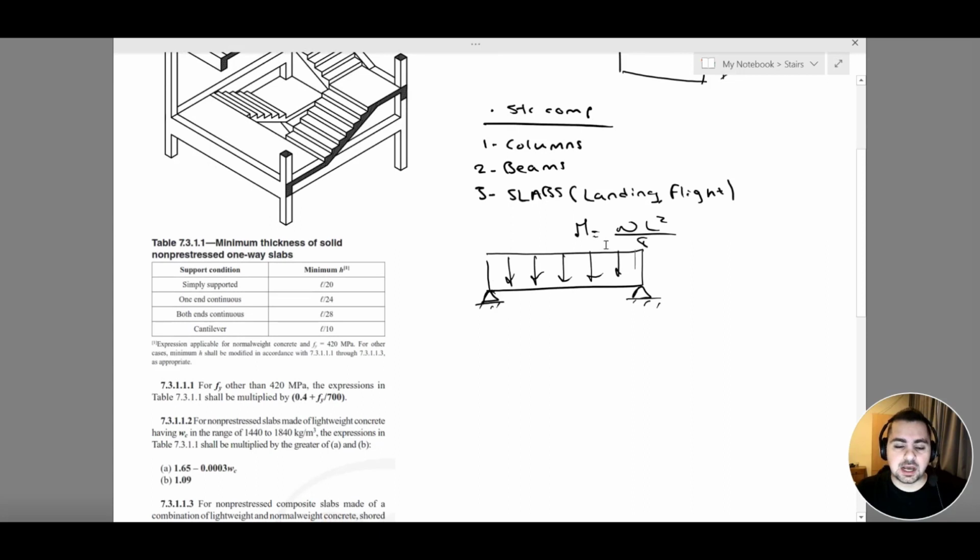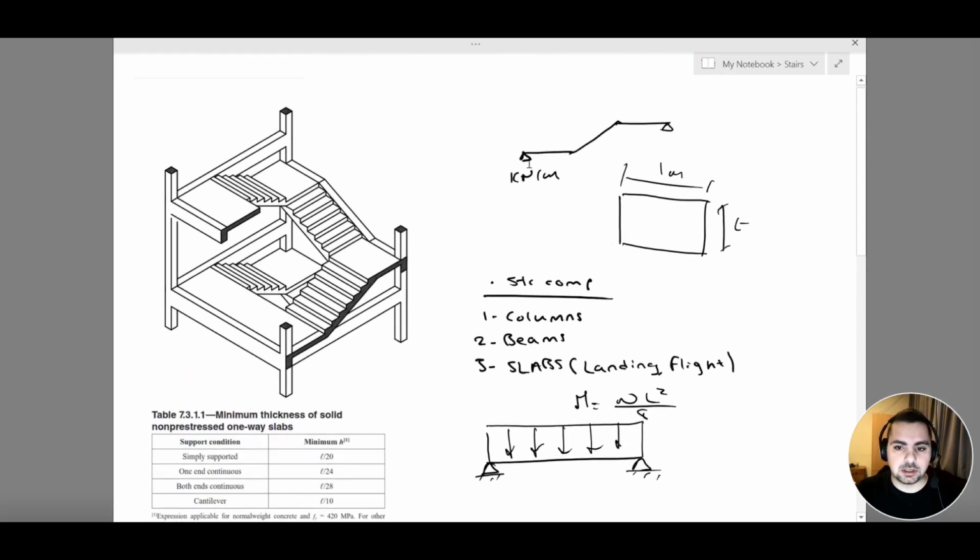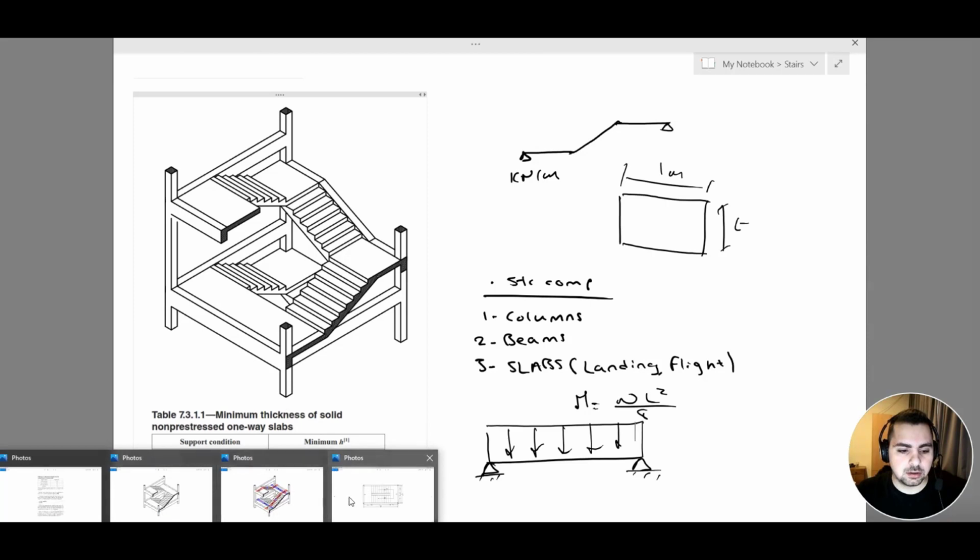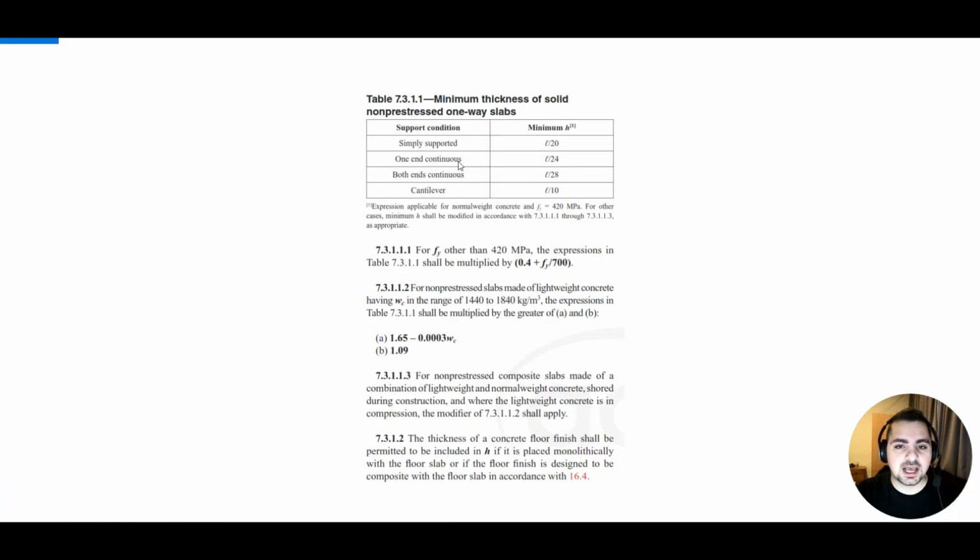So now that we understood the supports and the support locations within my staircase, we can go back to our ACI code. We said we do not have any intermediate supports, we just have a support at start and a support at end.